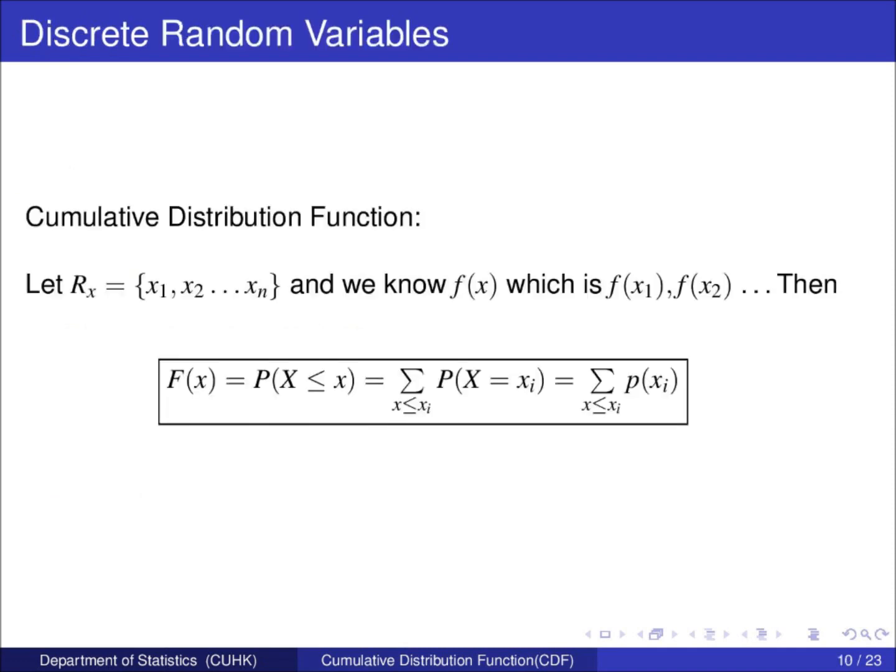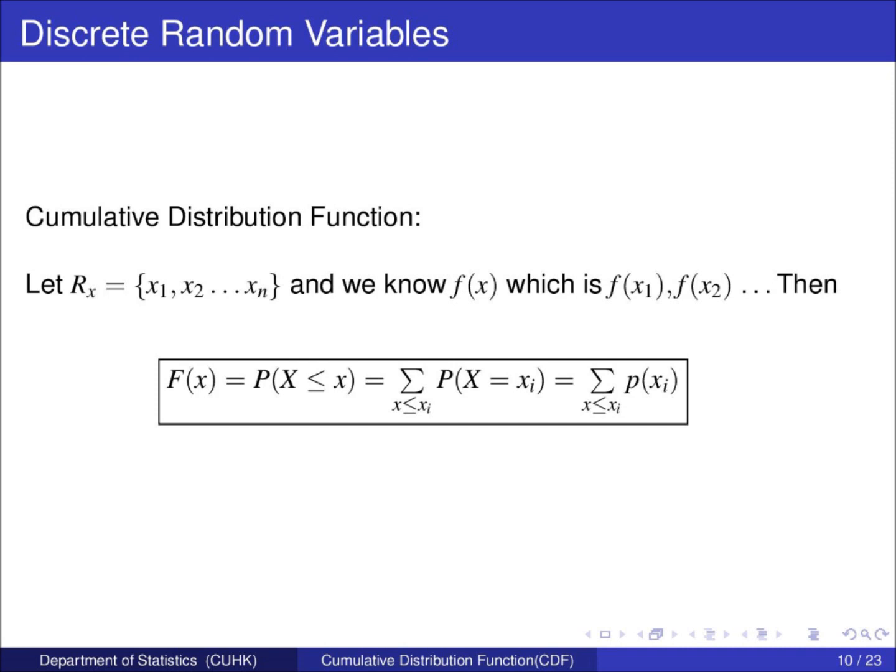We first let R be a set, and we use brackets to represent the set. In this set, we have x1 to xn, n values, and we know the PDF f(x) for each value, which is f(x1), f(x2), etc. Then, by definition, the cumulative distribution Fx is equal to the probability of capital X, the random variable, less than or equal to small x, the given value.